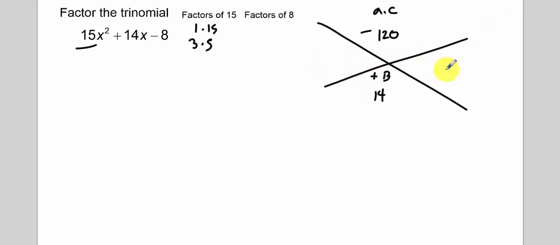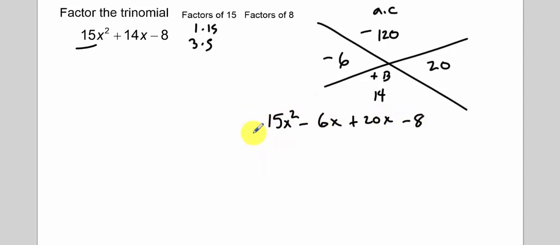12 and 10 is the first thing that comes to mind, but that gets me a 22 or a 2. How about 6 and 20? That ought to do it, where the 6 is negative. So now, again, 15x squared minus 6x plus 20x minus 8.